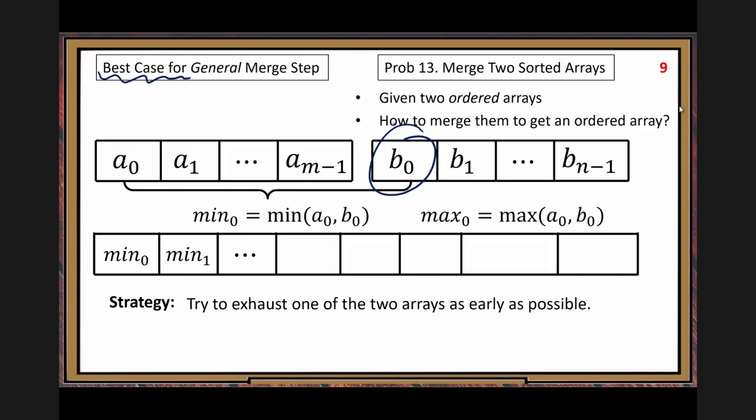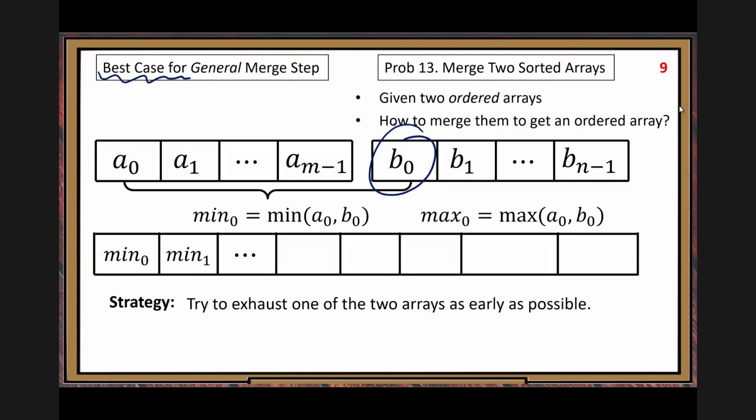When we do comparisons, B0 is always the winner, so all the elements in the A subarray are placed in their right places immediately. B0 is still there until we put all elements of the A subarray in place. After that, we don't need to do more comparisons; we just put all elements of the B subarray in place.